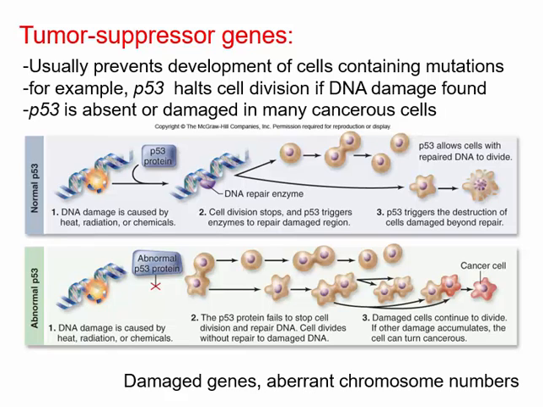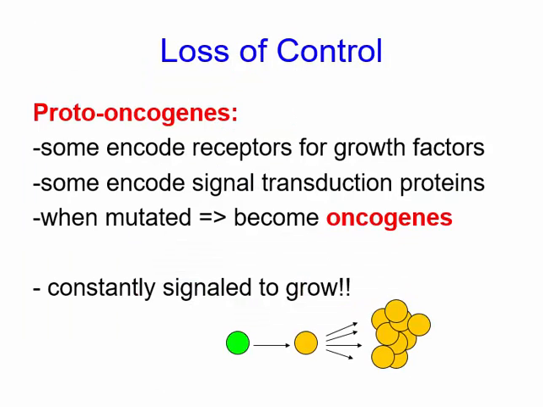So let's look at that other set of genes, the proto-oncogenes. Now, onco refers to a tumor. So proto-oncogenes, these are genes that are sort of pre-cancerous, pre-tumor forming. And they're really just growth factor genes.